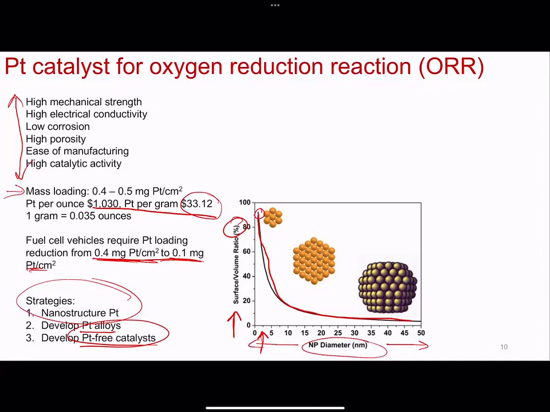And that's already what's being implemented in your gasoline-based vehicles, where you have catalytic converters, right, to meet emission standards. This is less of an issue these days, but if you have a really, really old car, maybe 20 years old, this is a huge concern because your catalyst is probably dying, and by that, I mean being deactivated.